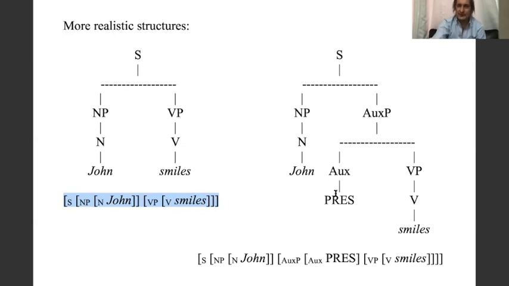At that point, we need to make sure that the tense is somewhere in the structure, and then we use this structure, the one on the right. Until then, when we're not looking at tense, we can ignore it. The easiest way to ignore it is to just adopt a structure that doesn't have it, in a structure like the one on the left.